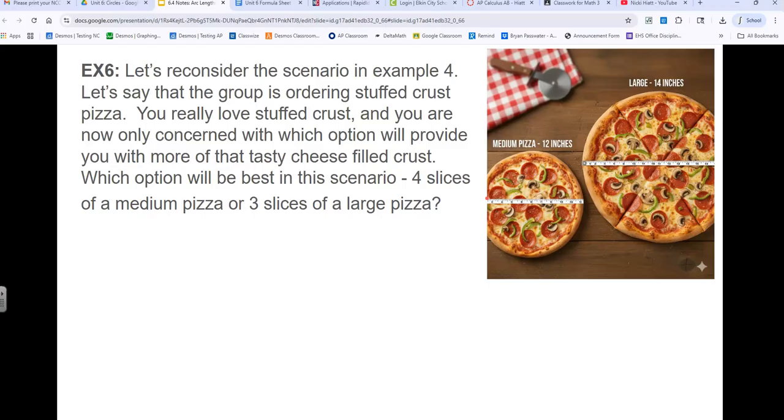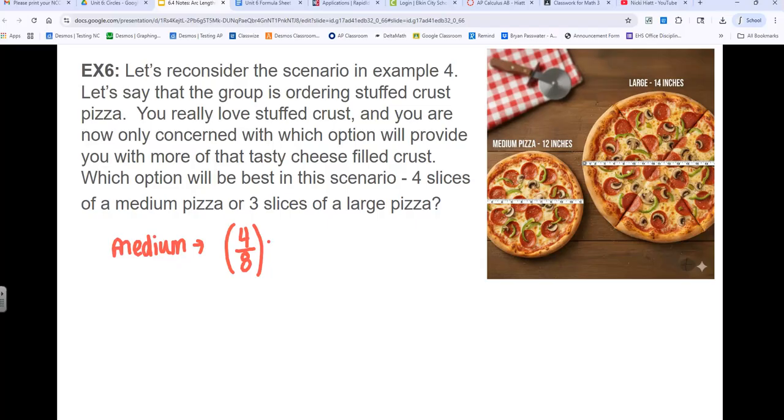Here, you want to know about what amount of crust you are going to get. So this will be similar to the last problem, but rather than being a fraction of our area, it's just going to be a fraction of our circumference. So for the medium pizzas, we get 4 out of still 8 slices per pizza here.